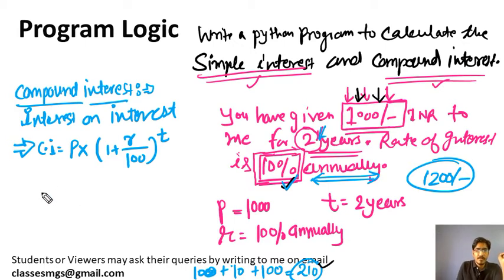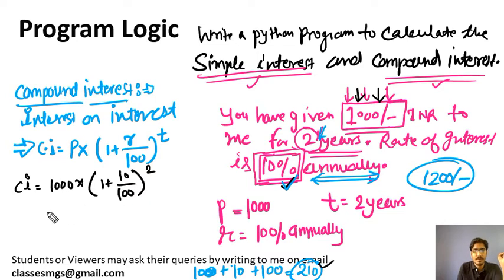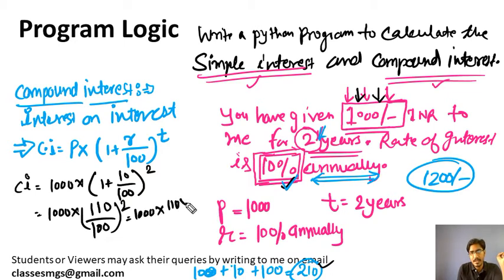Let's try to calculate the compound interest. Putting the formula: 1000 into (1 plus 10 by 100) to the power 2, that is 1000 into (110 by 100) squared. That means 1000 into 110 into 110 divided by 100 into 100.